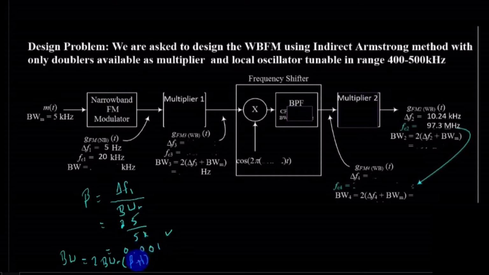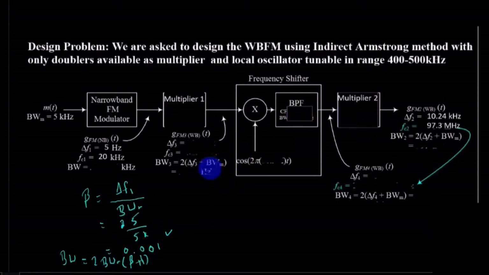So this added with 1 would be very similar to 1, and then our bandwidth can be approximated to 2 bm. As mentioned previously, if it is narrowband FM, then the bandwidth is twice the bandwidth of the message signal. So the first is checked.